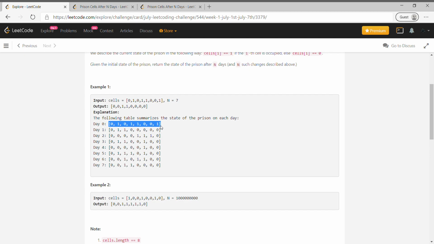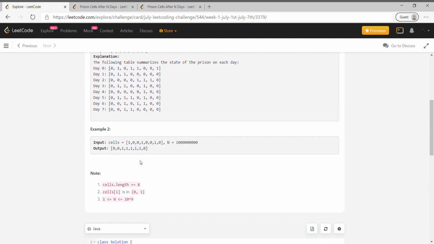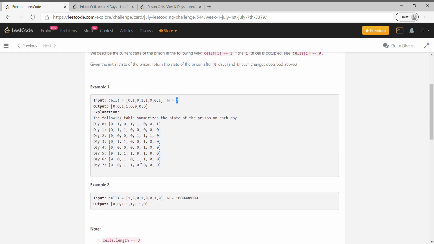The same array of the state of cells on day 0 and day 14, or day 1 and day 15, or if we compare day 2, then it would be day 16, and so on. So we don't have to repeat for n number of times. What we can do is reduce that number to n modulo 14, because 14 is the number after which the pattern repeats.